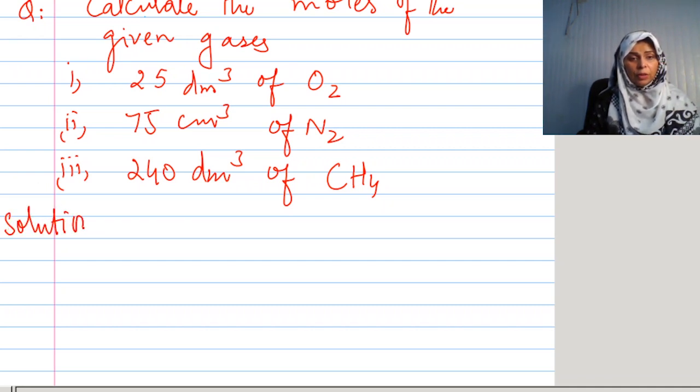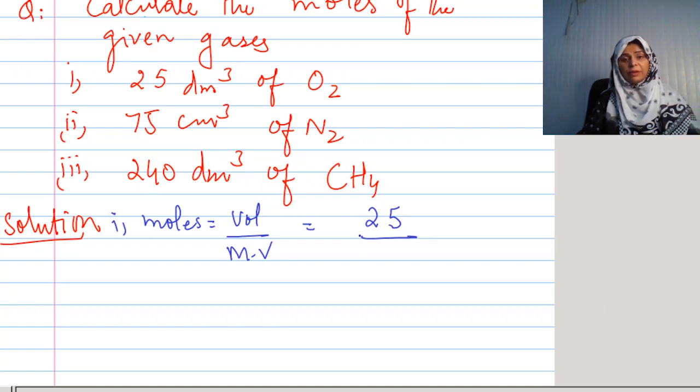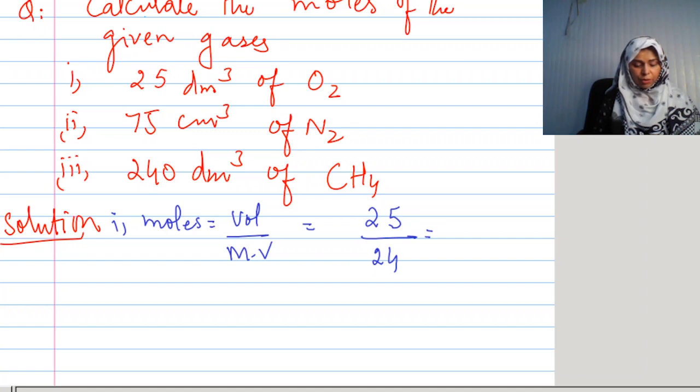Okay, the solution of the first question. For moles, don't forget the formula for calculation of moles of gases, volume over molar volume. If we have volume in decimeter cube, like 25 decimeter cube of oxygen, first question, okay, 25 divided by 24. So what will be the answer? 25 divided by 24.